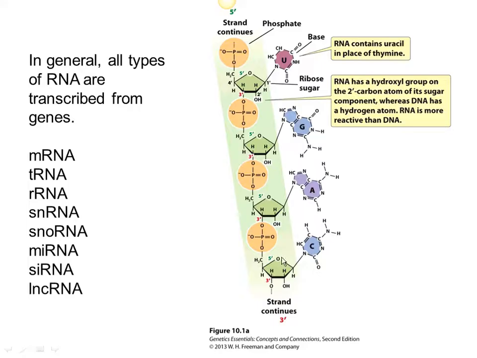So you have, of course, the ribose as the pentose sugar, phosphate, and then the nitrogenous base. Of course, the RNA has a 2' hydroxyl group, which makes it much more reactive than DNA. It's also single-stranded, and that makes it a little less stable as well.